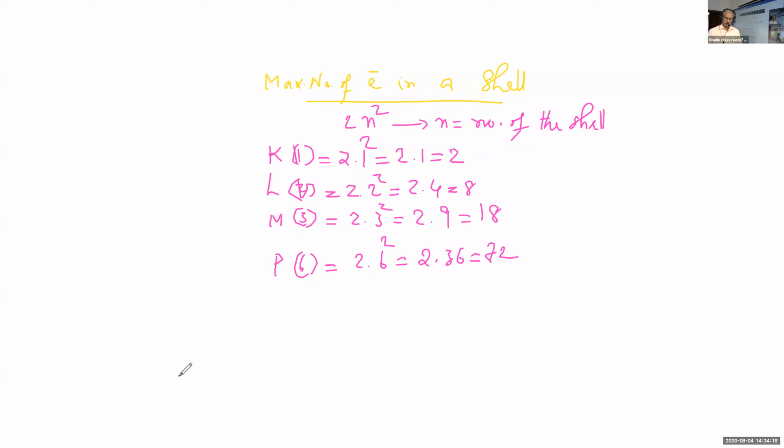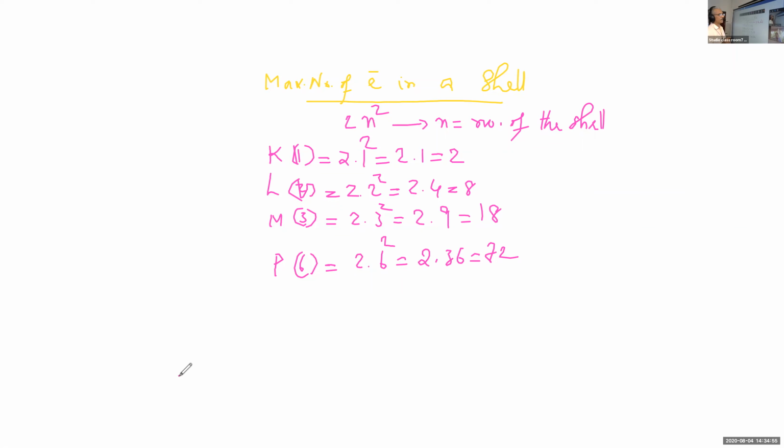M, N, O, the fifth one, O, is 2 into 5 square, equal to 50. Instead of P, you write O. So the maximum number of electrons in a shell is equal to 2n square. K shell 2, L shell 8, M shell 18, etc.